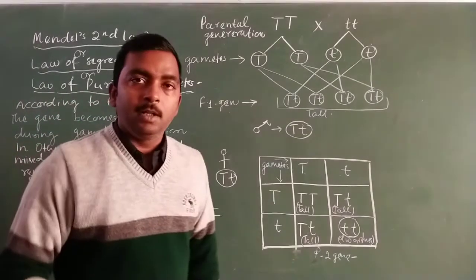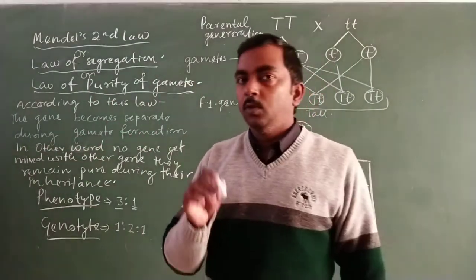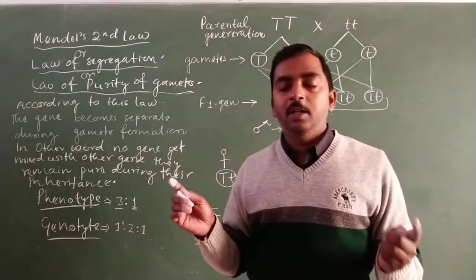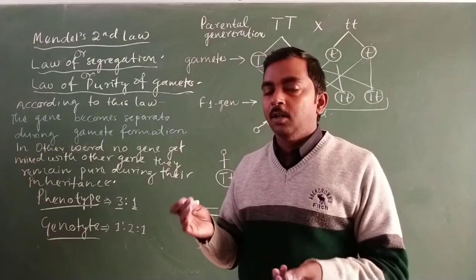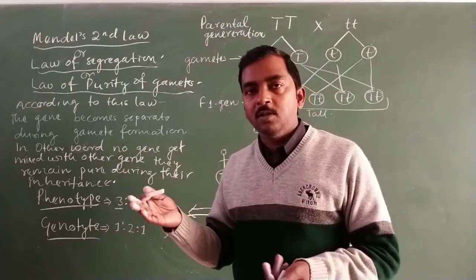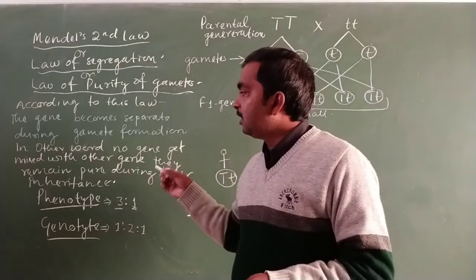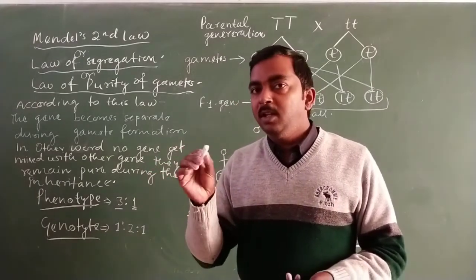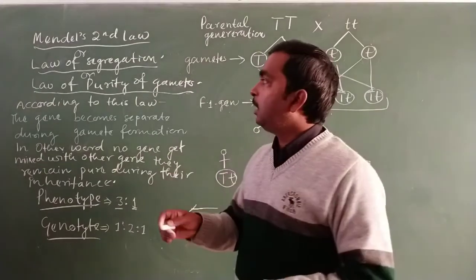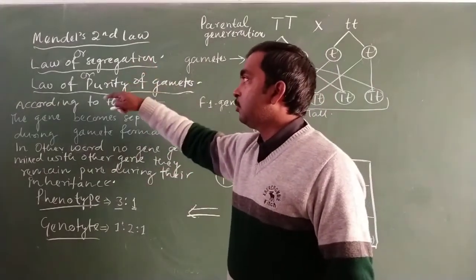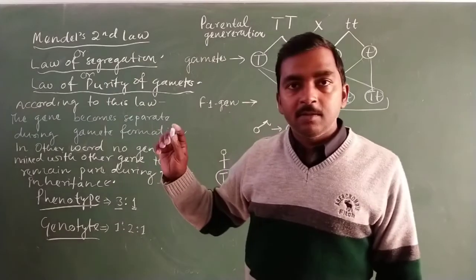So during the inheritance of the genes, no gene gets mixed and makes a different trait or different feature. That means the genes remain pure during their inheritance, and this is why the law of segregation is also known as the law of purity of gametes.